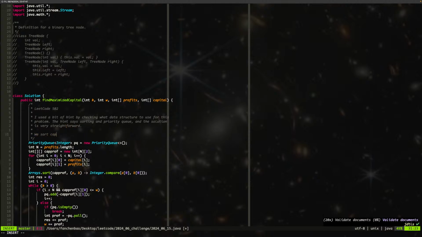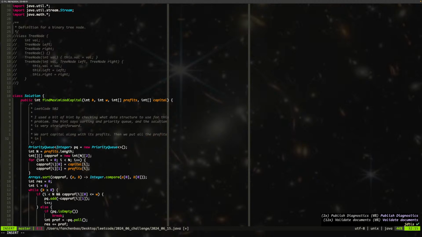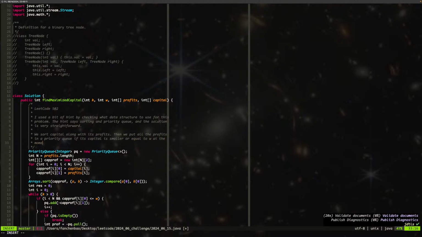You sort capital along with its profits. Then we put all the profits in a priority queue if its capital is smaller or equal to W at the moment.